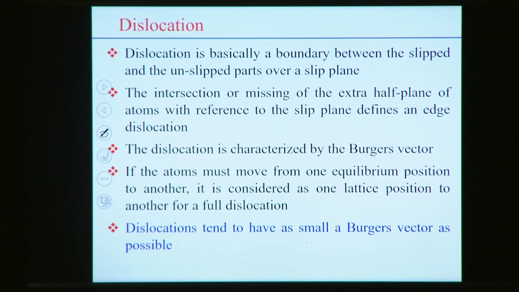Now, dislocations always tend to have as small a Burgers vector as possible. So a dislocation can be created in such a way that you always follow the short repeat distance, which exists in common materials in terms of the close-packed direction.